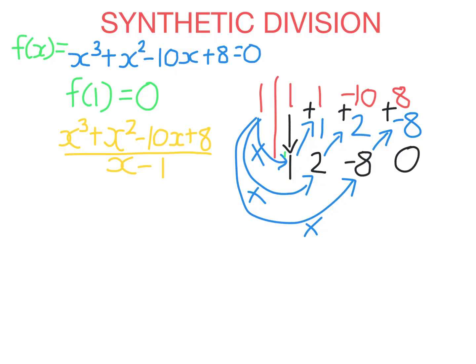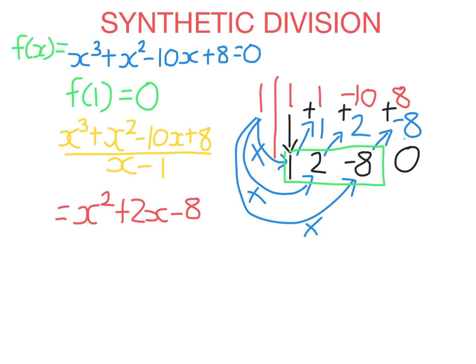So these three numbers here are the coefficients of that quadratic. This divided by this is equal to, first coefficient 1 is of x squared, 2 is the coefficient of x, and negative 8 is the constant term.